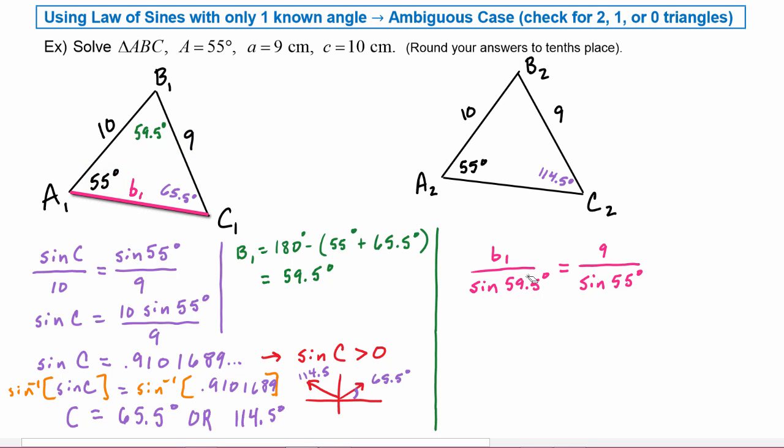We'll cross multiply this sine of 59.5 up to the right-hand side, and we get that B1 is equal to 9 times the sine of 59.5 degrees divided by the sine of 55 degrees.